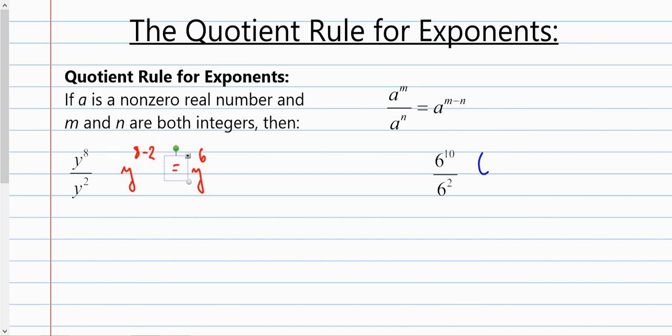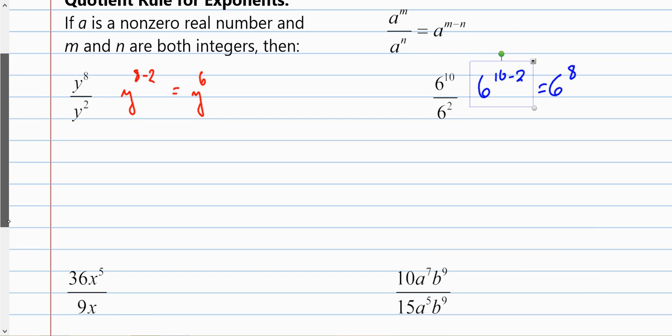This would be 6 to the 10 minus 2, which is 6 to the 8th power. Again, this is a very, very large number, so I'm going to leave it as 6 to the 8th. You could plug that into your calculator, and you would get something above 1,000,000, and we're not interested in seeing the numerical value for something that large. What we're interested in is seeing if you know how to manipulate the exponents.